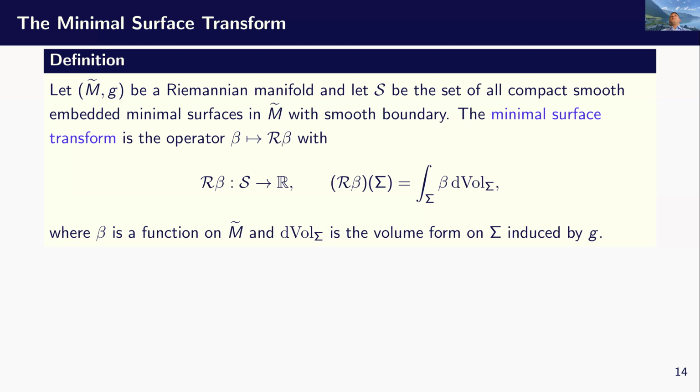Then the minimal surface transform is the operator which takes a function beta inside M tilde to R beta. And now you need to think about what is this R beta. So if you give R beta a minimal surface, it will give you a number, which is the integral of beta over the minimal surface. So it's sort of like a functional. It's not a linear function, but it's sort of like a functional.